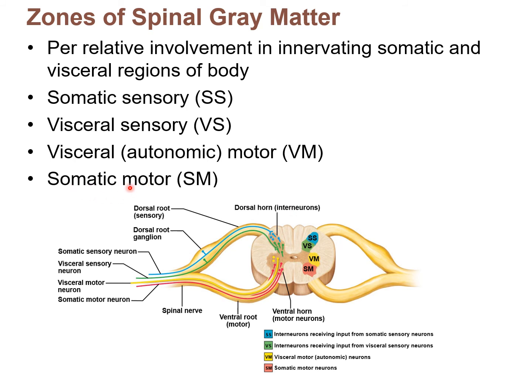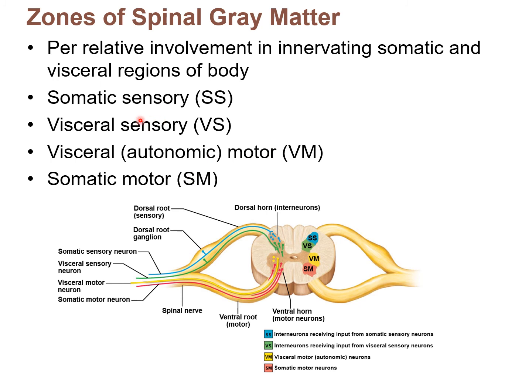Somatic motor, remember your somatic nervous system from the previous chapter. Somatic motor means motor to skeletal muscle. So this is voluntary motor. Where visceral motor, that's motor to smooth muscle, cardiac muscle, and glands. So this is your autonomic or involuntary nervous system. So that's the difference in the motor division.